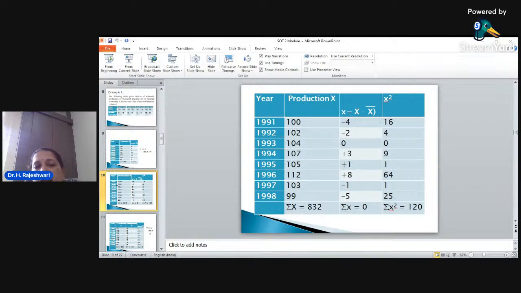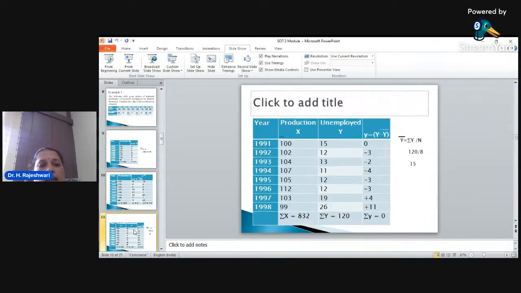That is, each x value multiplied by itself gives the x square value, and you get sigma x square as 120. In the next step, I am calculating for y. Add the y values, you get 120, divided by the number of values, 8. 120 by 8 is 15.